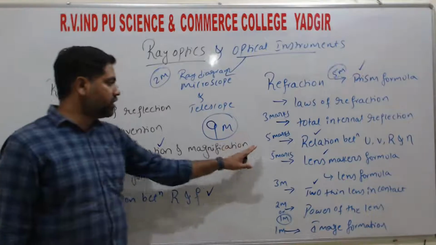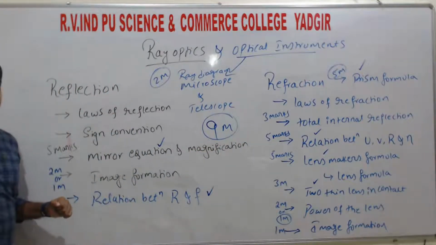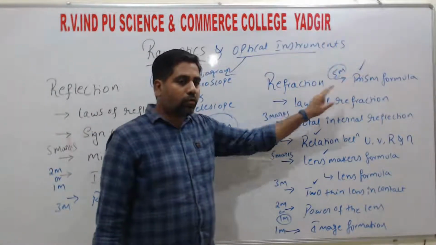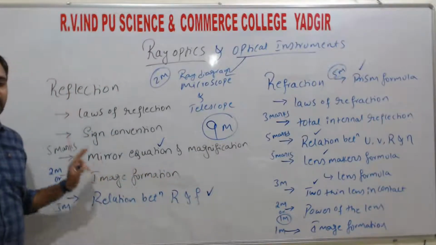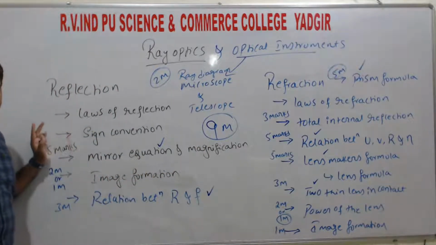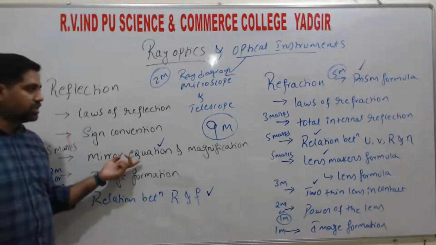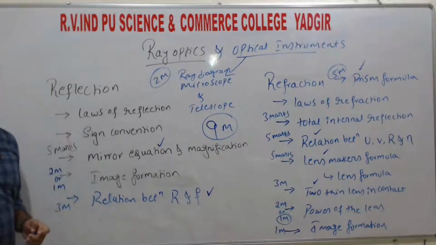Out of these derivations, any one derivation will appear in the main examination, because this year they asked the numerical problem. So the possibility of asking a derivation in this chapter is very crucial, right? So we need to practice all these derivations. If we practice these derivations, then we can easily solve the numerical problems also, right?